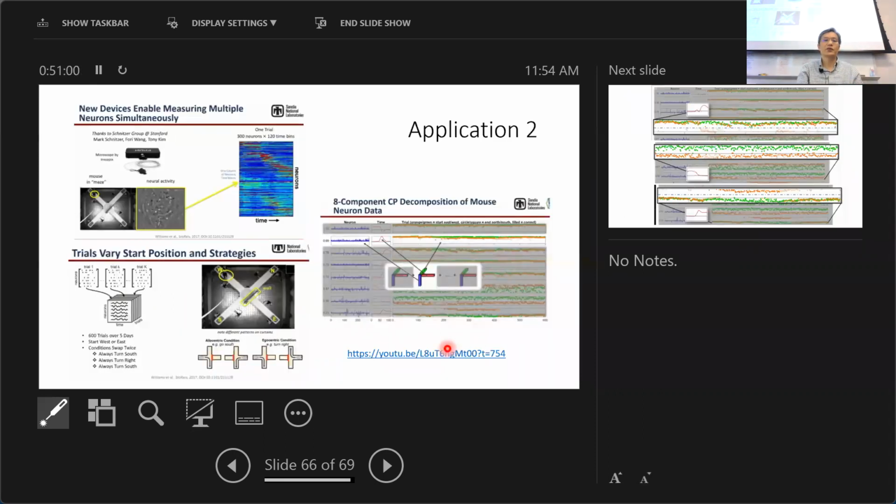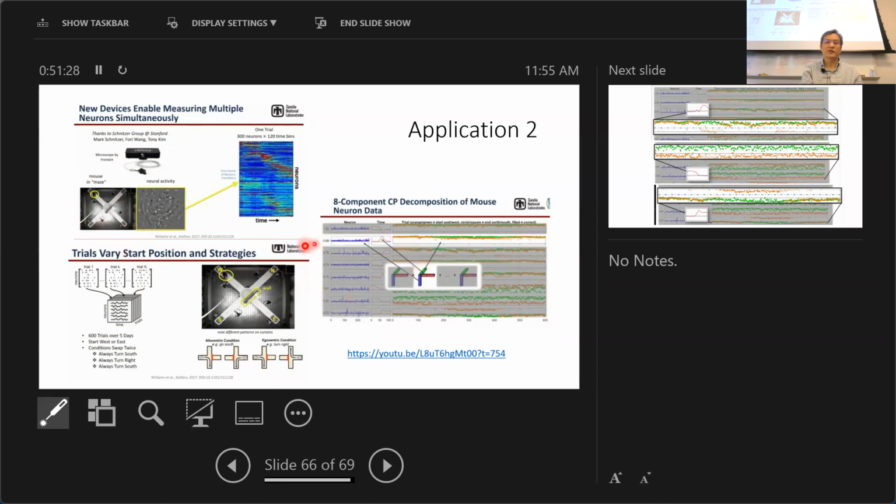So I'm going to give you application number two, which is from a mouse study, also time series, collecting information about neuron activity in the brain of the mouse when exposed to this maze.